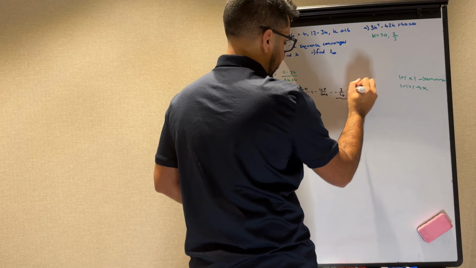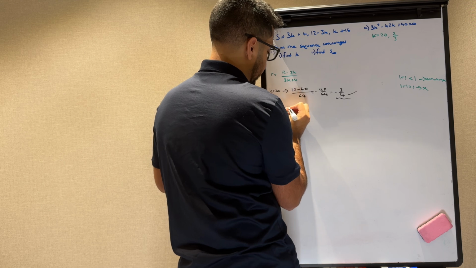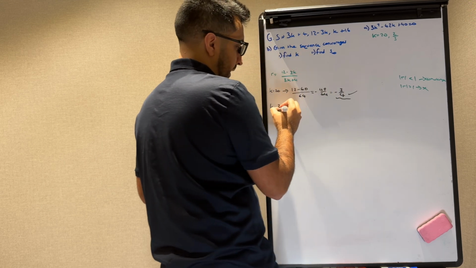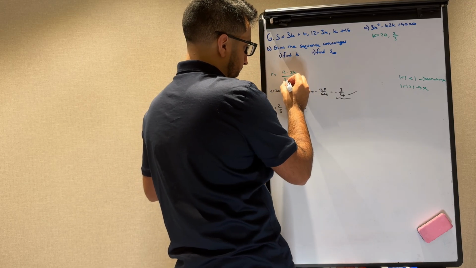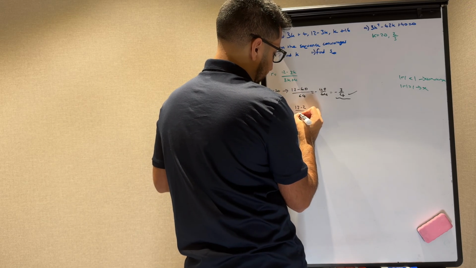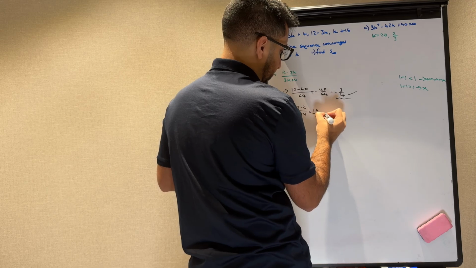So this one converges. Therefore, we can assume that this one's not going to, but we are having to prove it to the examiner. So 12 minus 3 times that is 2, and then that will give us 2 plus 4, which is 6. So that's 10 over 6, which is 5/3.